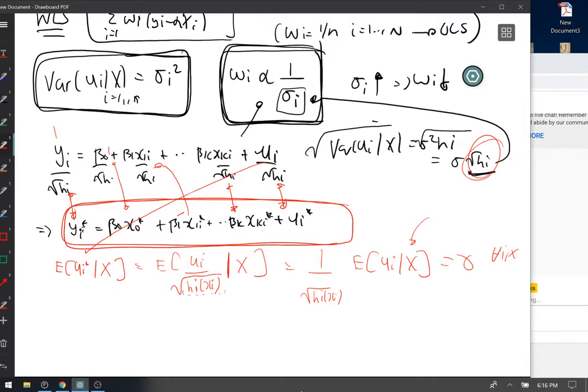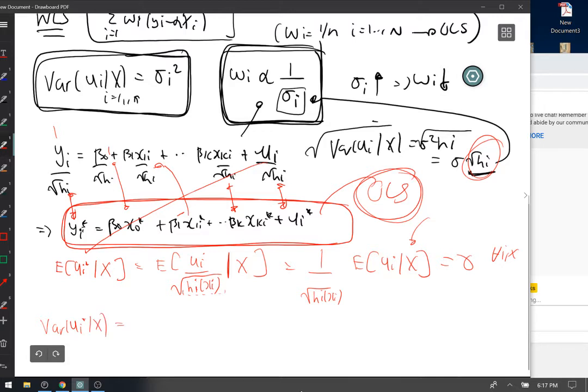If the variance in this new transformed model is constant, then we know by the Gauss-Markov theorem that OLS applied to this new regression will be best linear unbiased. We can verify that. The variance of ui star given x, because the mean of ui star is zero, is just the expectation of ui star squared given x. Plug in ui star squared and you get the expectation of ui squared over h_i of xi, given x.